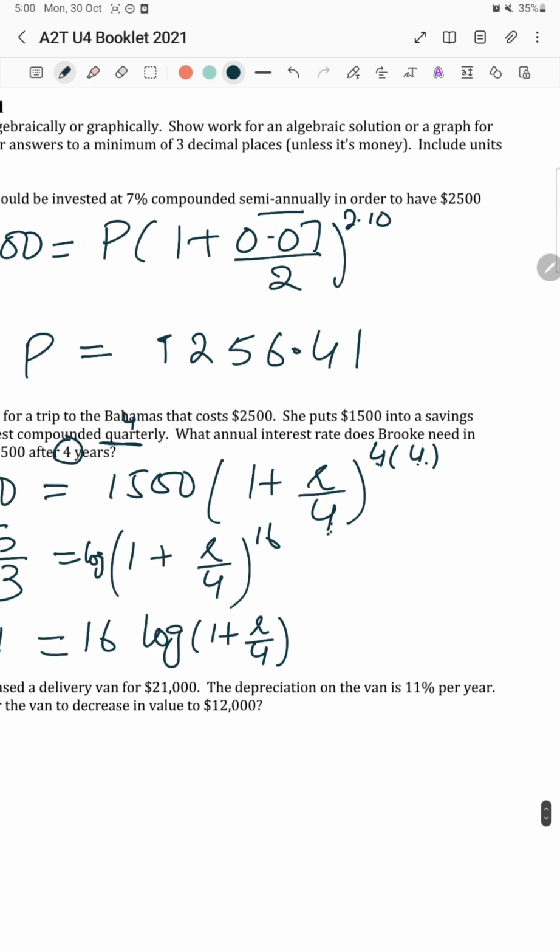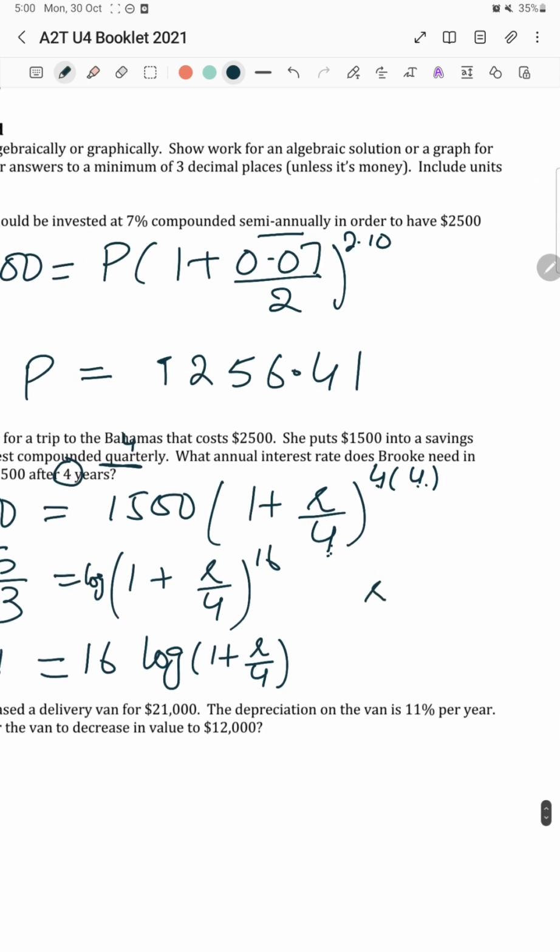So we will divide by 16, take the exponent, and finally we will get the answer of R, which is equal to 0.129, and in percentage it will be equal to 13%.